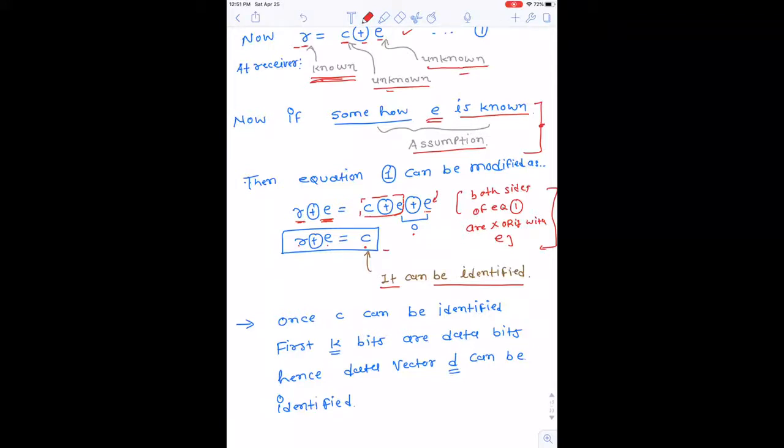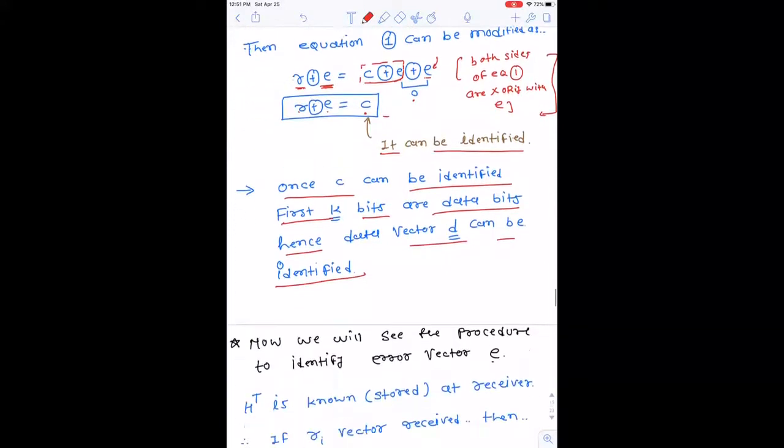And how do you get the data vector D back from C? It is simple. Once C is obtained, your 80% journey has been completed, because the first k bits are data bits, and hence the data vector D can be extracted from vector C by separating out those k bits.